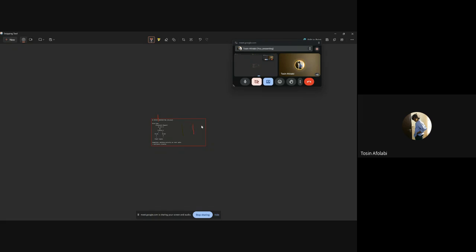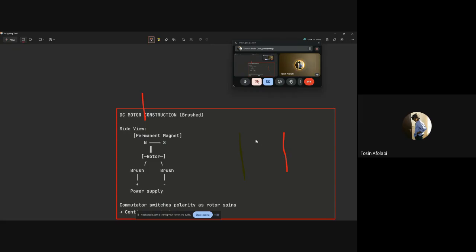An H bridge is kind of like this, then like this and like this. So we have our motor in the center right here.